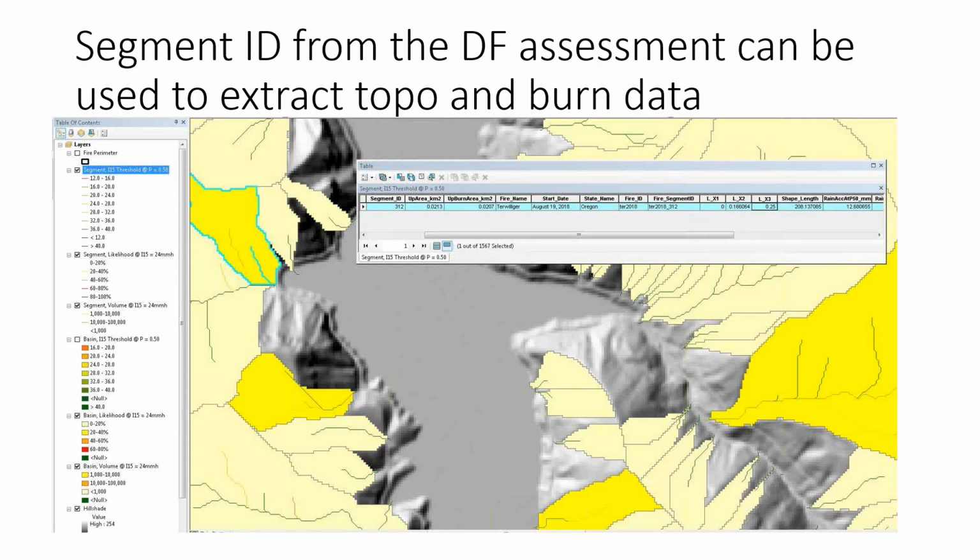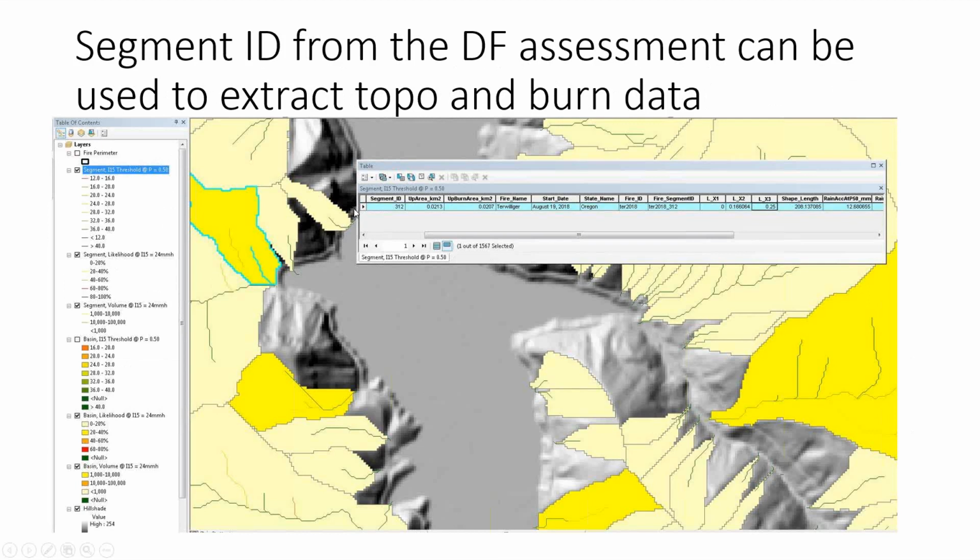So the warmer colors, the yellows are higher probability, 20 to 40%, and the more cream colors are 0 to 20% probability.